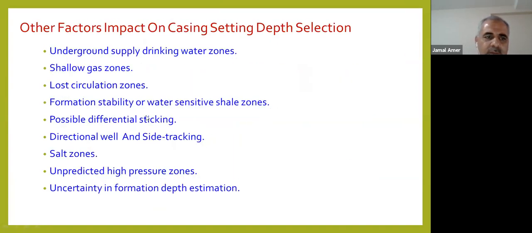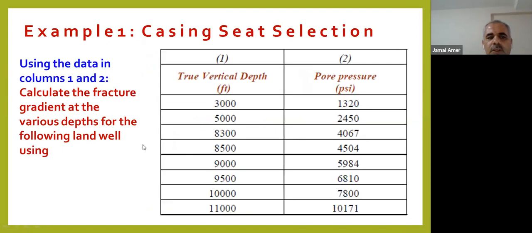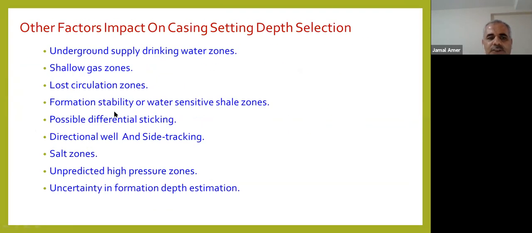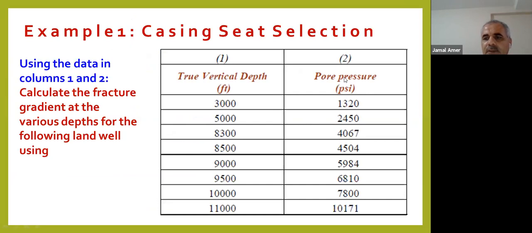So we have other factors that affect our selection. Here we have an example. We will not go through all of it because I think we don't have time to cover everything. So we have the vertical depth and we have the bore pressure.